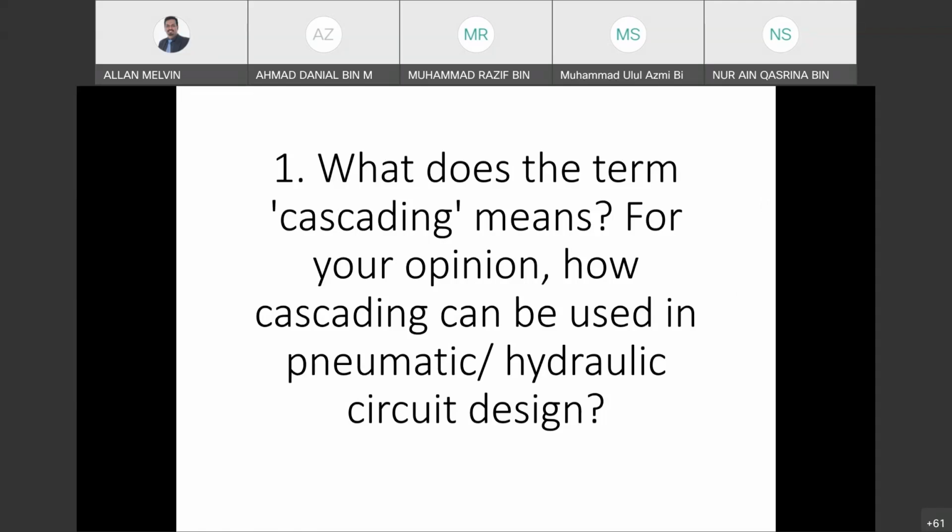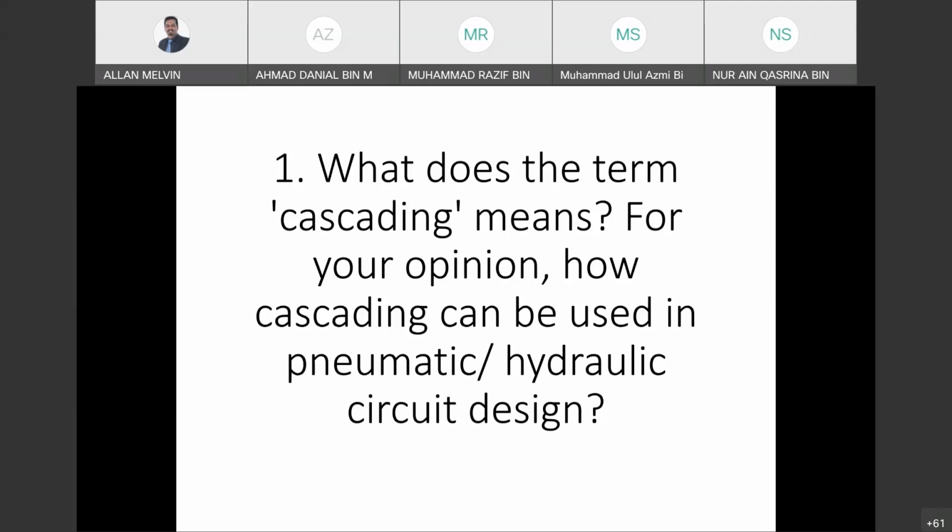Okay. So your friend says it is based on signal overlap. You can avoid the signal overlap. But based on the term, this question is related to the term cascading. So when you have cascading, meaning you can have a lot of sequences.